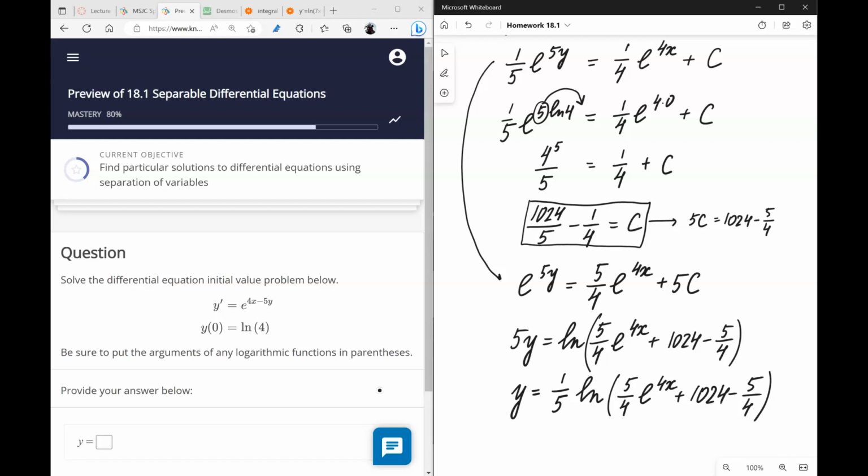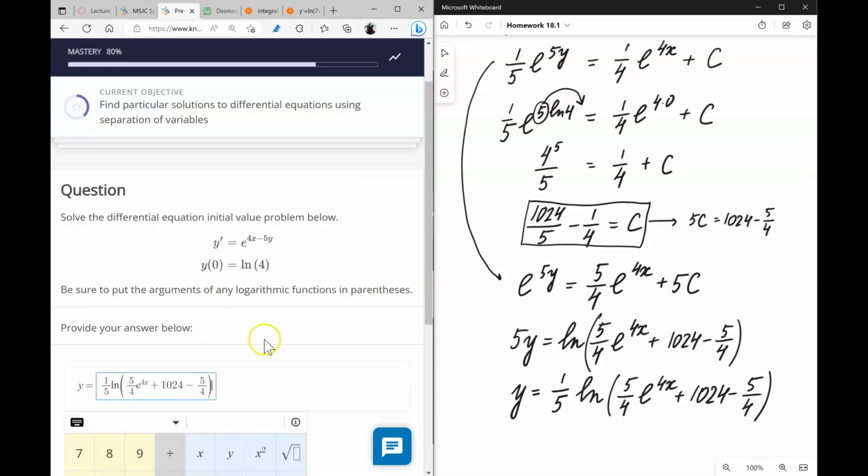That's the answer that I got. Let's see if that's the right answer. 1/5 ln of 5 over 4 e to the power of 4x plus 1024 minus 5 over 4. Let's see.